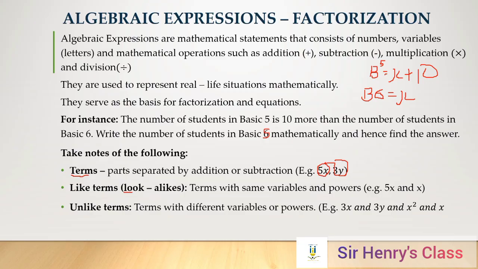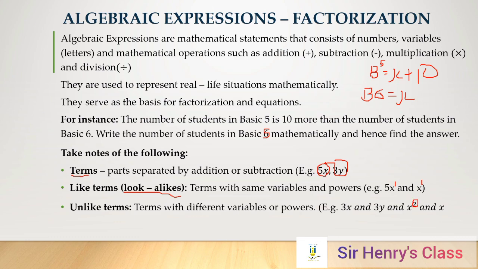We have what you call like terms. For me, I locally call them lookalikes for my students to understand. So these are terms with the same variables and powers. When we say powers, this x has a number on top here which you call power. So this one has a power of 1. This one also has a power of 1. When you look at this x, there's a 2 on top.